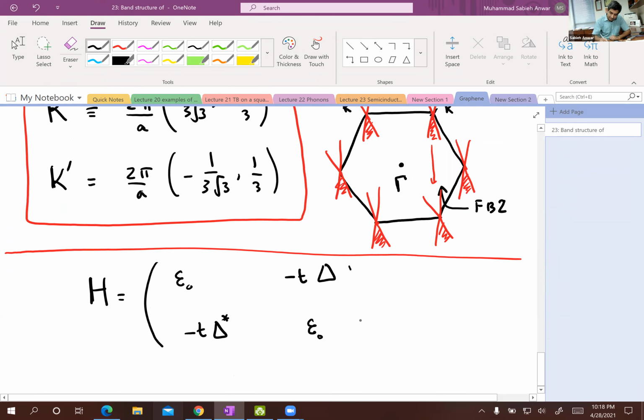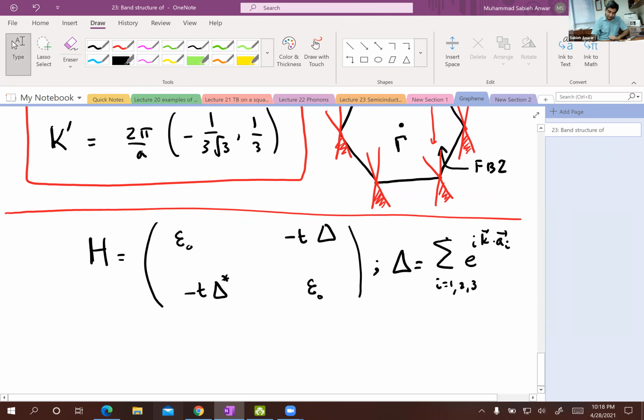This is what my Hamiltonian looks like for graphene, right? Where delta is given by the sum of e to the i K dot a_i, i equals 1, 2, 3, right? So this is my Hamiltonian.